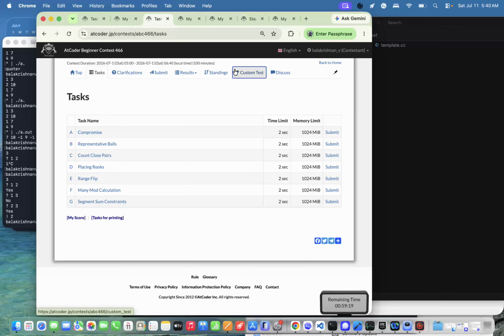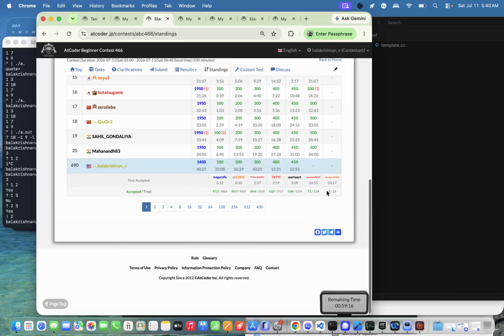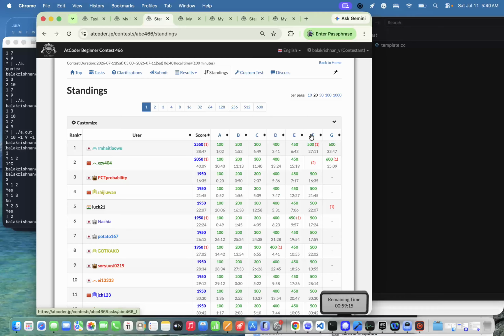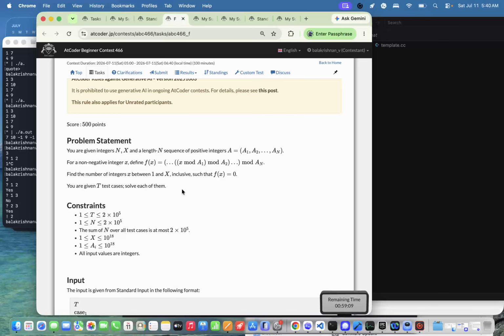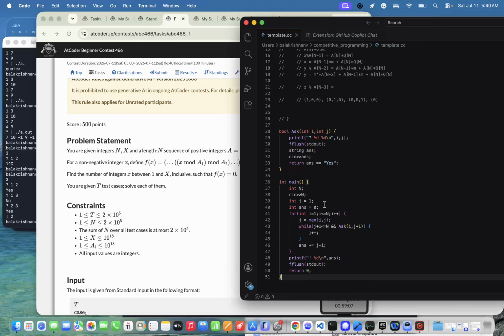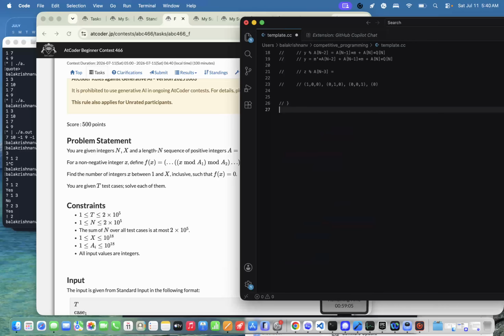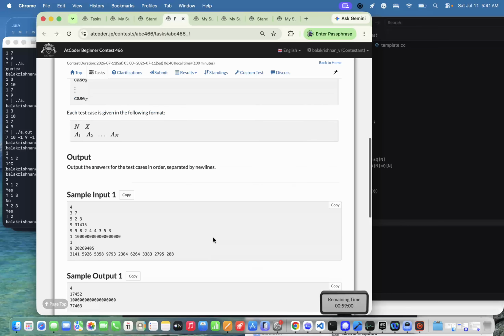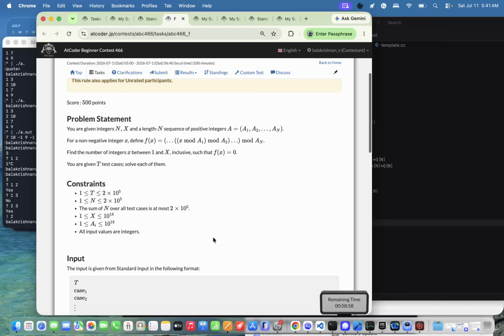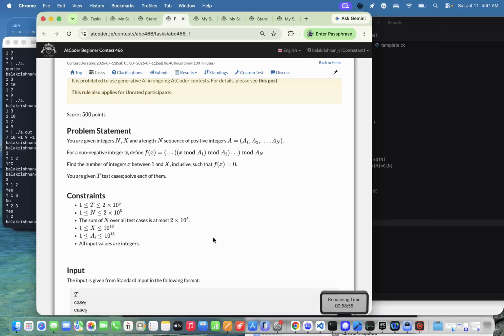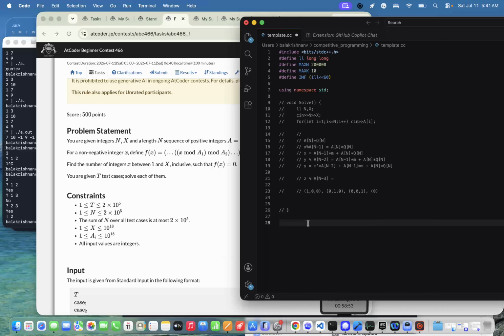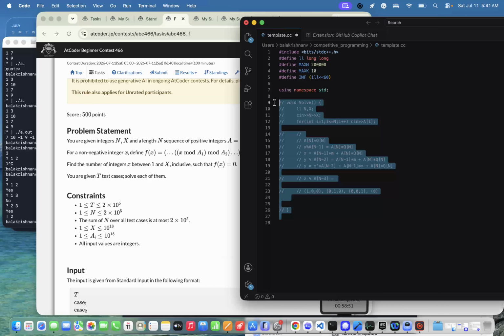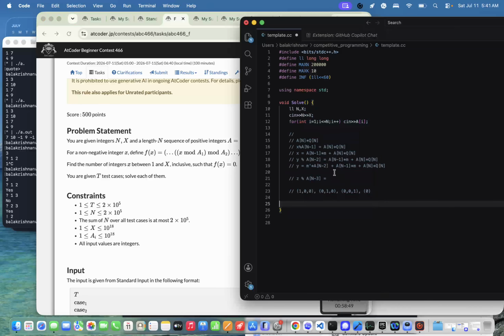Now let's go back to that problem. 71 solvers. Okay, so integers n and x. So if we go backwards, let's just go backwards.